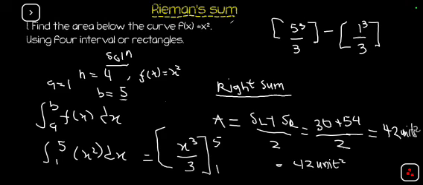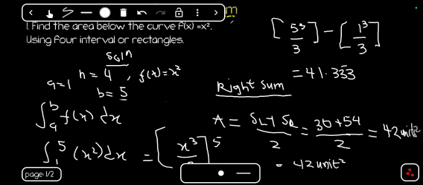Let me input all into the calculator: 5 cubed divided by 3 and then minus 1 cubed divided by 3. So let's see the answer. We had our answer to be 41.333, a recurring decimal, and even this one, if you approximate it, it will be close to 42.